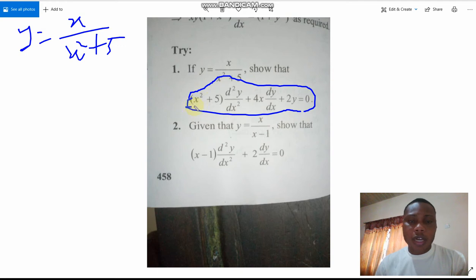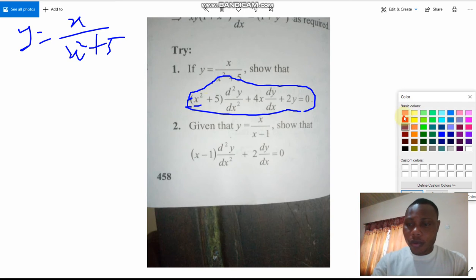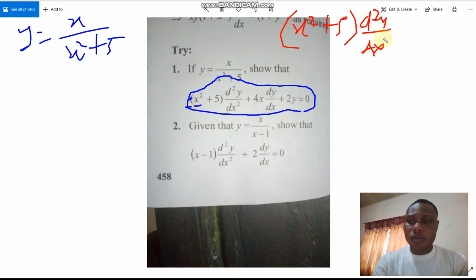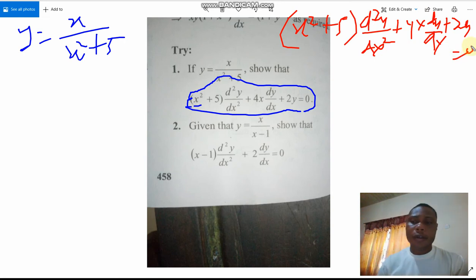Let me put it in red marker here, so that those who want to try can start before we jump straight in. You are supposed to show that (x squared plus 5) times the double derivative, plus 4x times dy/dx, plus 2y is equal to 0, right? Okay, so that's what we want to show.